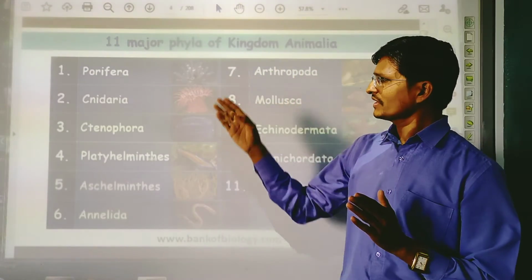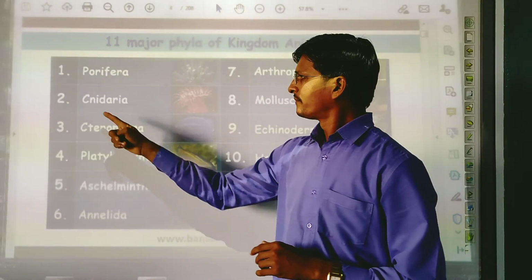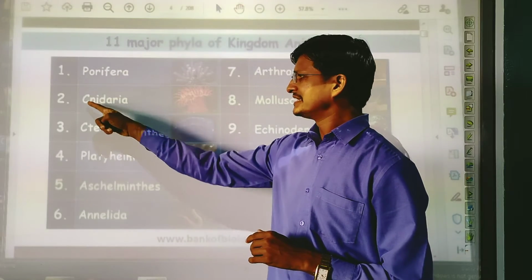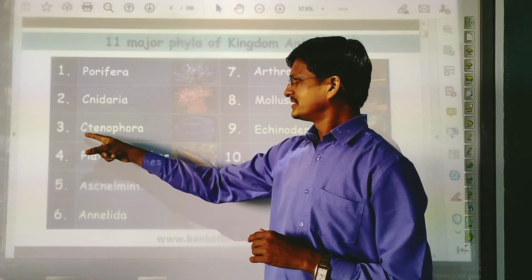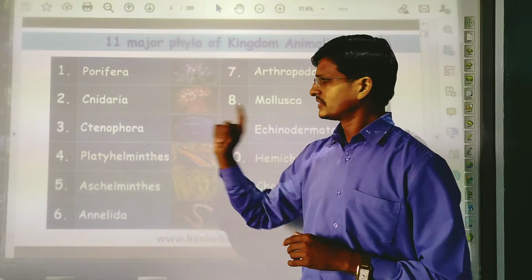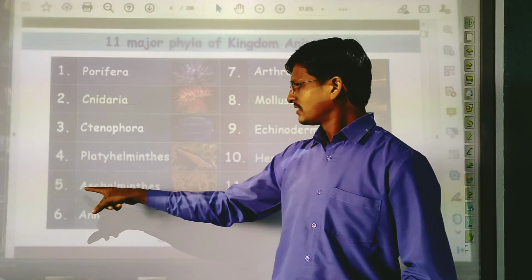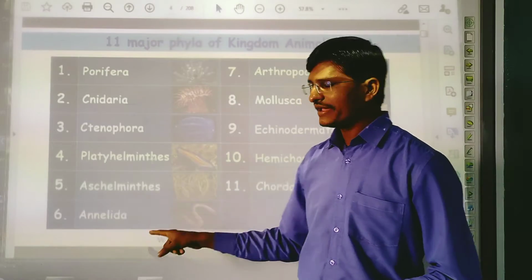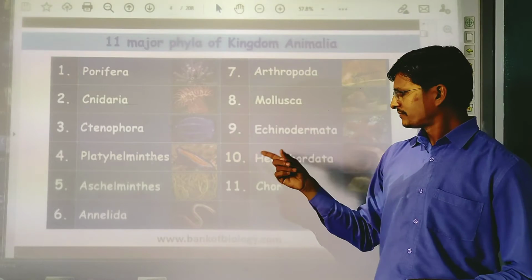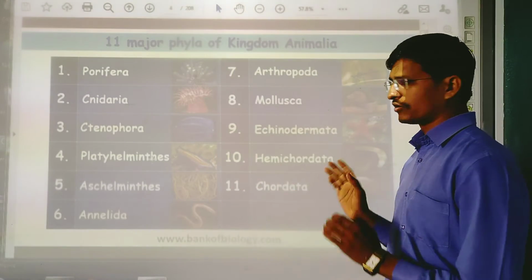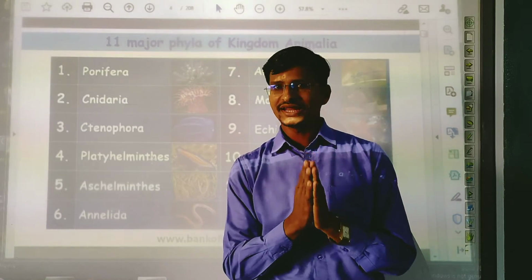We will remember them in sequential form: Porifera, Cnidaria (the C is silent), then Ctenophora (again the C is silent), then Platyhelminthes, Aschelminthes, Annelida, Arthropoda, Mollusca, Echinodermata, Hemichordata and Chordata. So these are the main 11 phyla of Animalia.